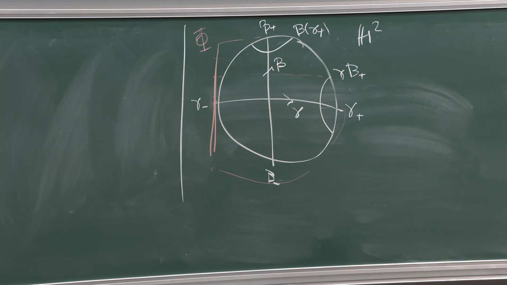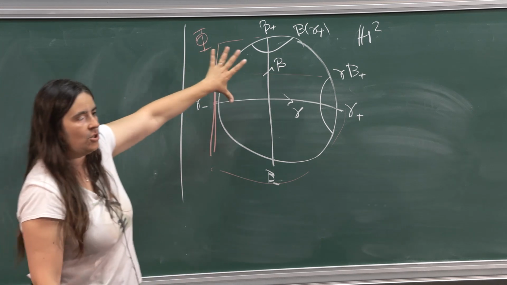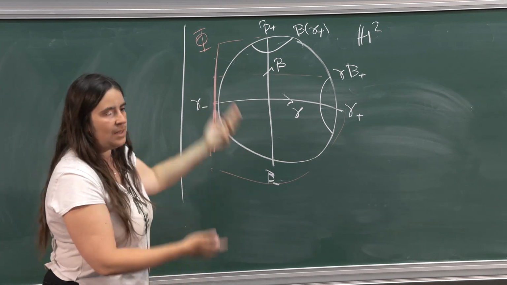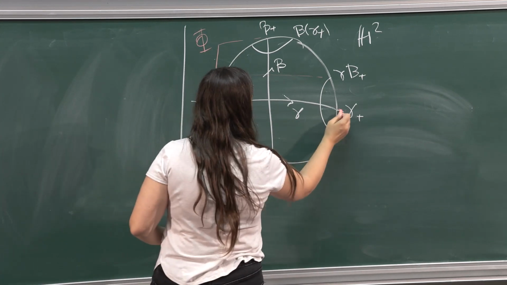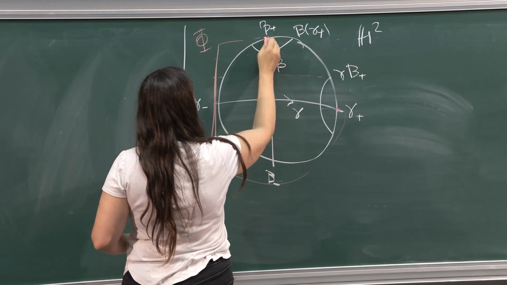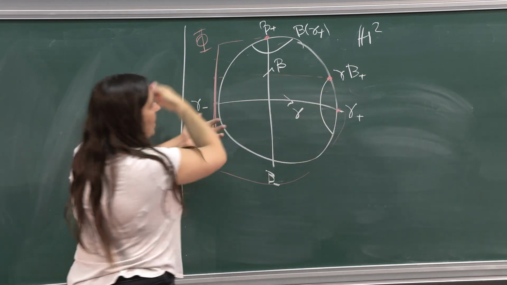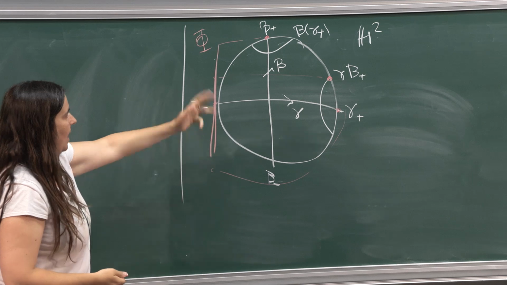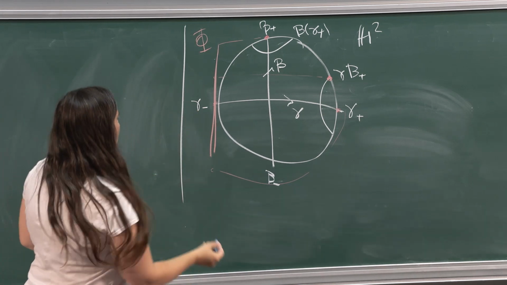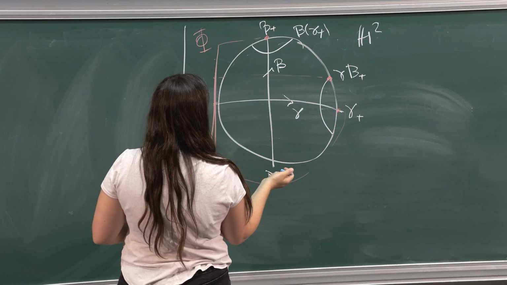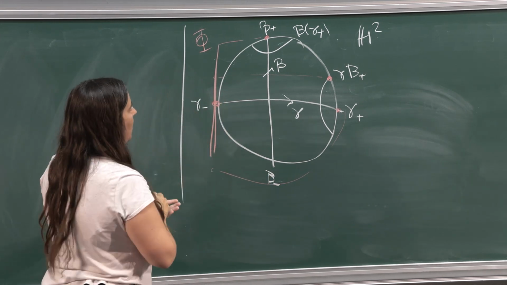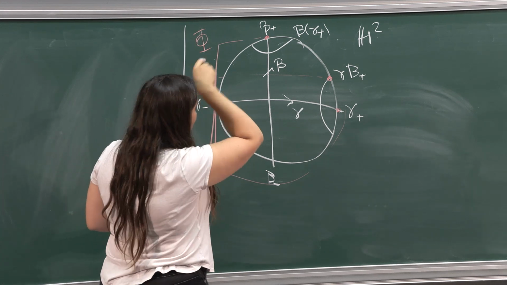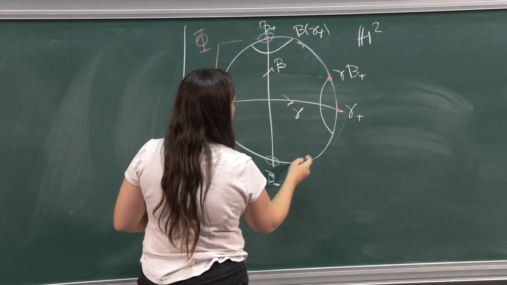I won't have time to do this trick in 2 minutes, but the idea is that you start from this picture and you use positivity of the cross ratio. For one, you care about these 4 points, beta plus and gamma beta plus, and their projection in here. And for the other cross ratio, for the root you care about these 4 points here, and for the weight you care about these 4 points here.